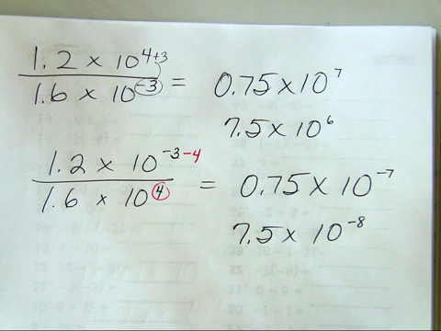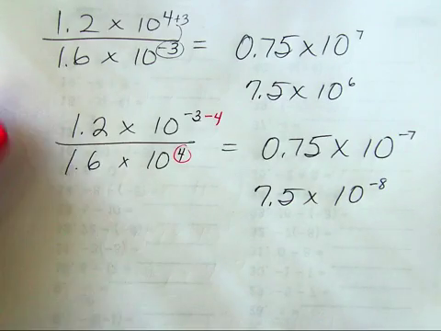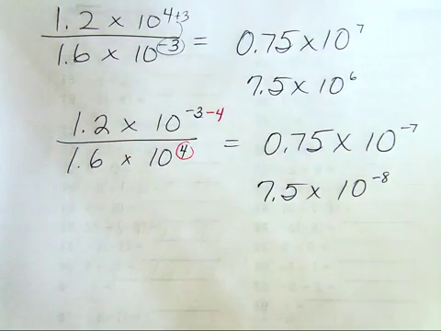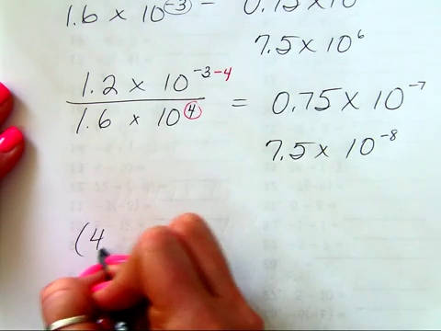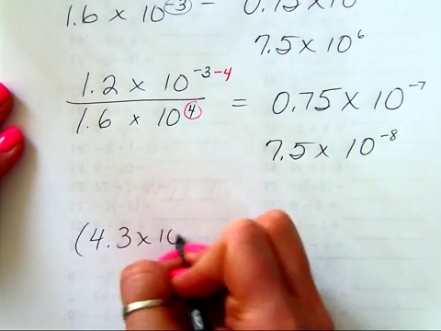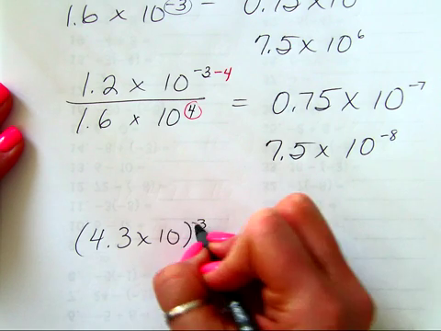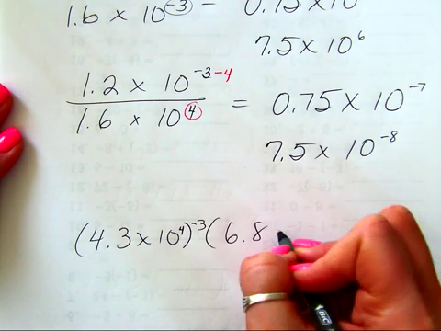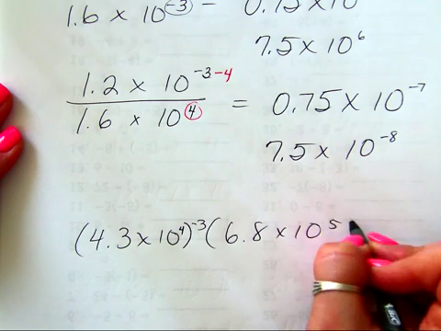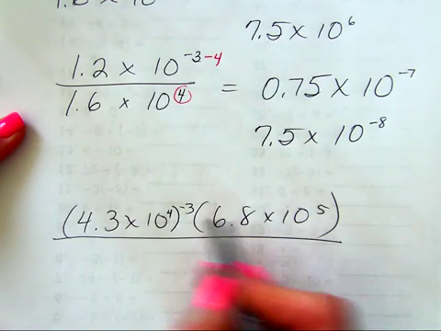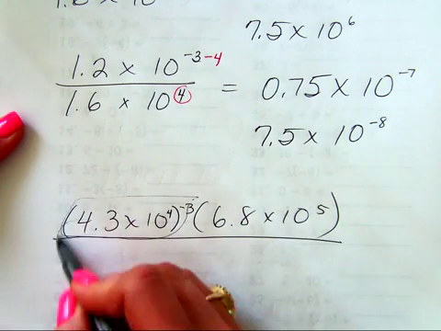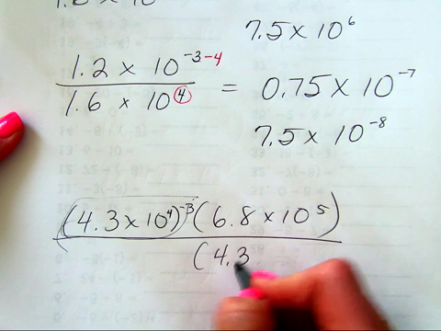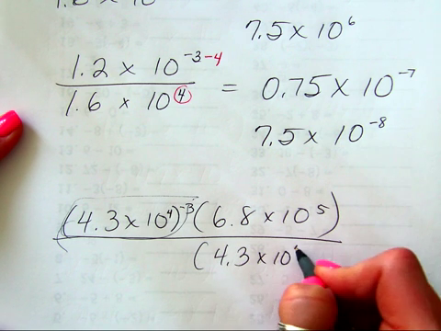All right? So, Ben, to answer your question, I really like that because I could give you a problem like that. Ben said if I had 4.3 times 10 to the fourth to the negative third, and 6.8 times 10 to the fifth, you would take this and move it and do 4.3 times 10 to the fourth to the positive third.